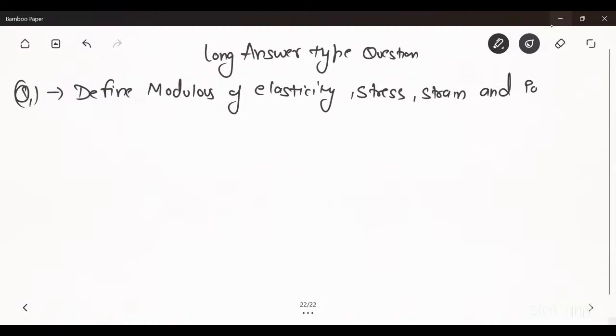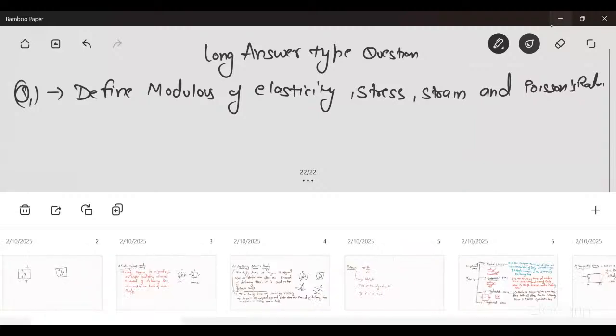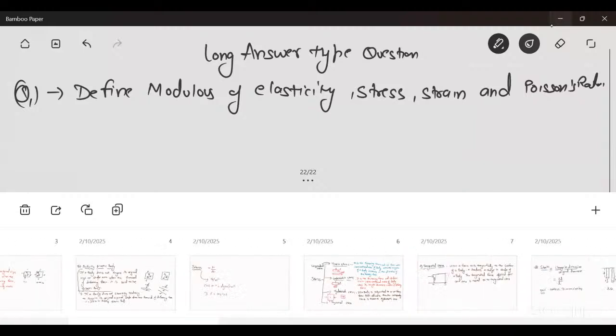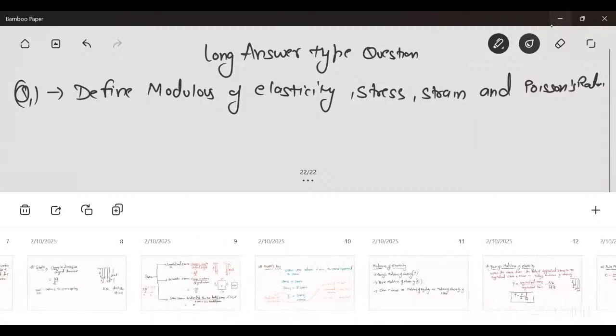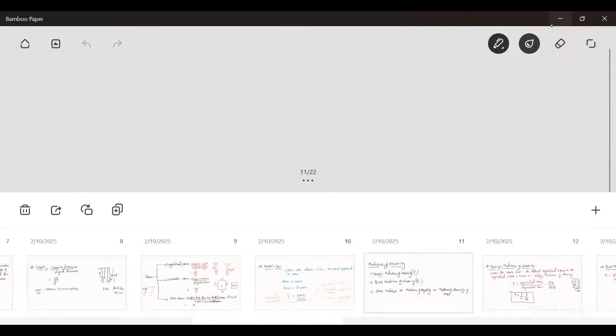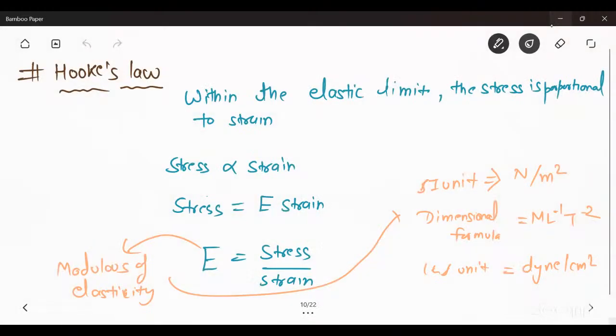So, students, what is modulus of elasticity? We have discussed in the previous slide that modulus of elasticity is defined as the ratio of stress to the strain. It comes from Hooke's law, that within the elastic limit the stress is proportional to strain. This is known as the modulus of elasticity. Modulus of elasticity is defined as the ratio of the stress to the strain.